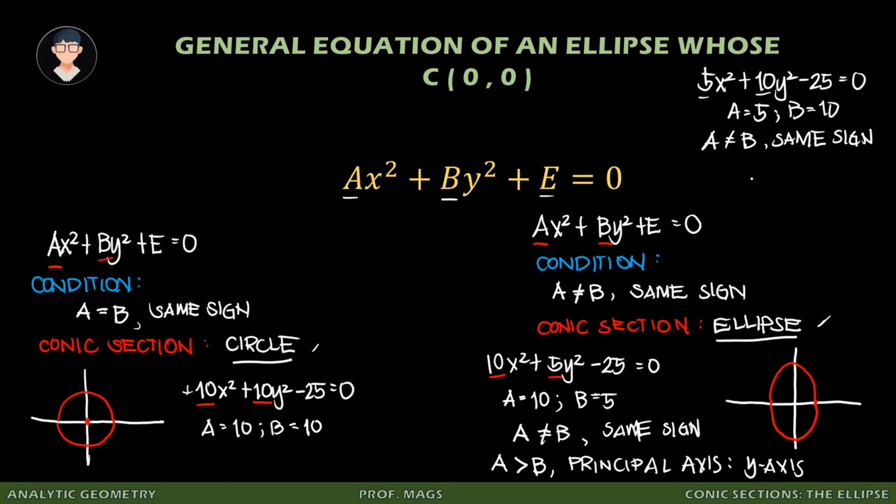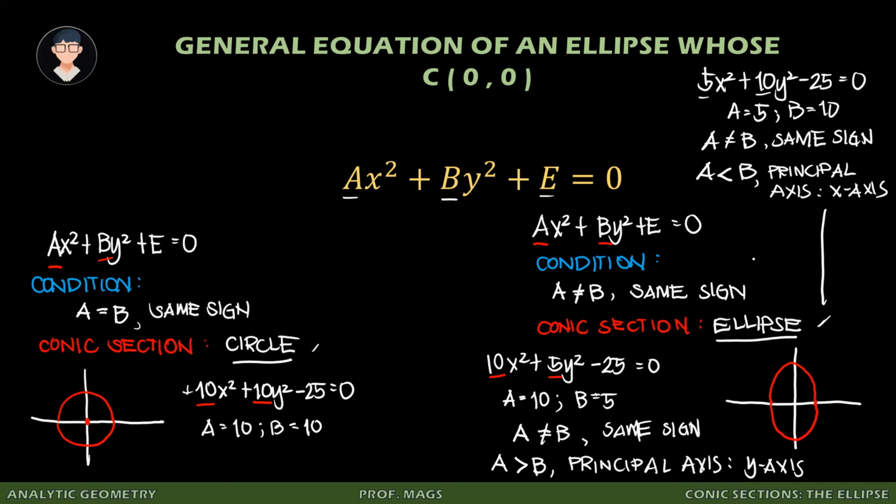But how can you tell if the principal axis is the x-axis or y-axis just given the A and B? A should be less than the value of B. So the principal axis here is the x-axis.